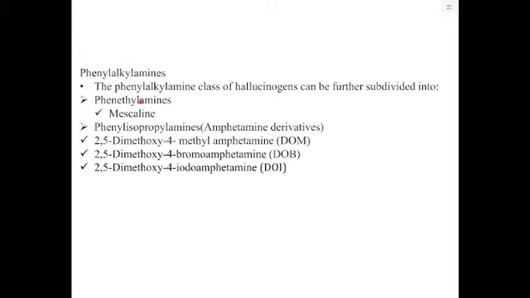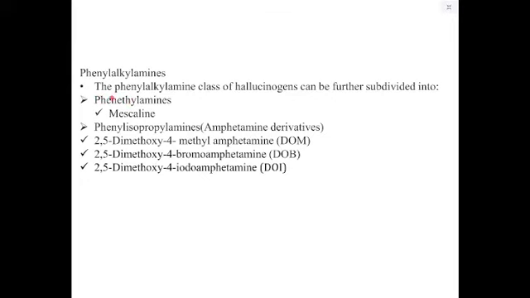And with the phenylethylamines, by meaning alkyl, it means you can have either the ethyl or the propyl. That's why we are calling them in general alkylamines. The phenylalkylamine class of hallucinogens can be further subdivided into the phenylethylamines, whereby it's an ethyl chain.